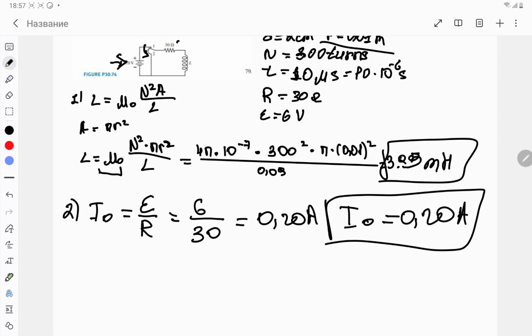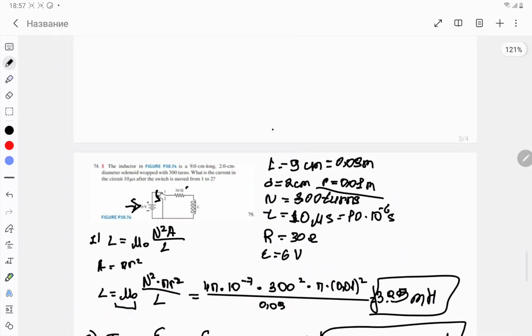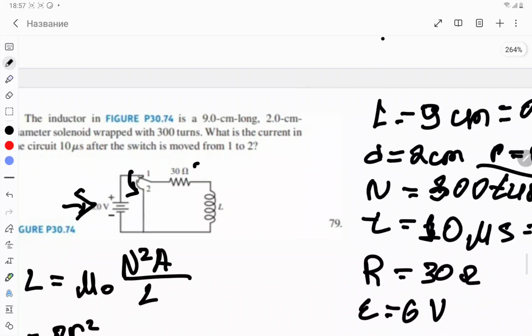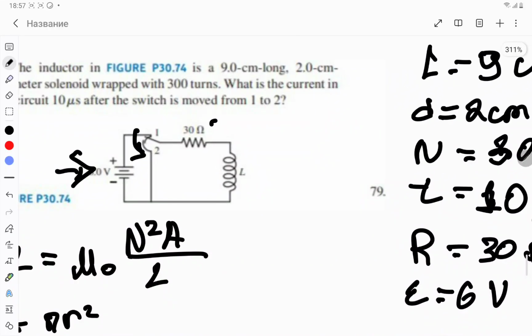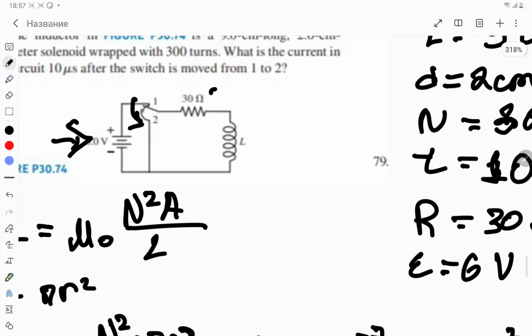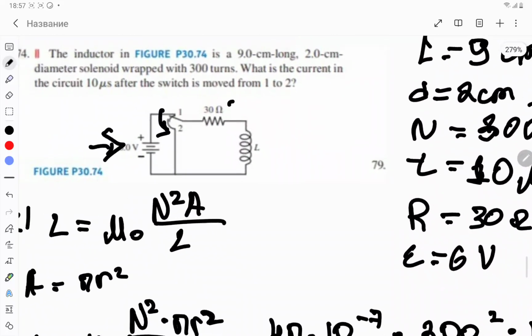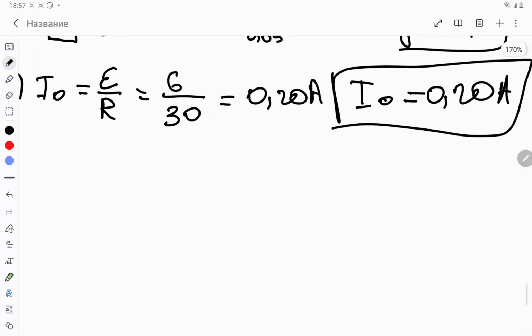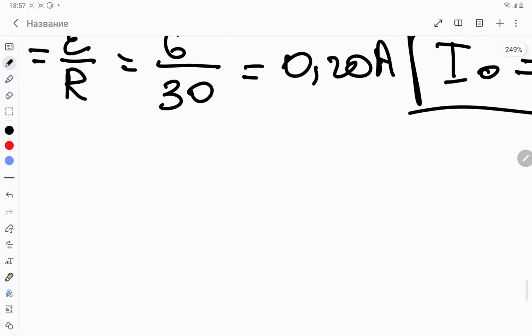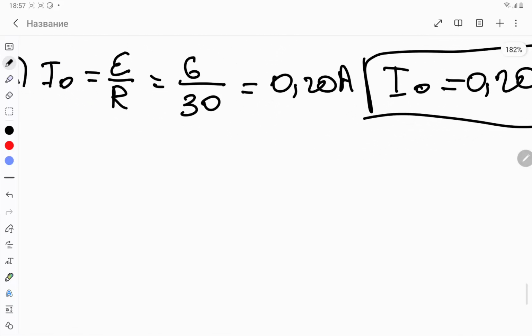So next step is: what happens when the switch changes its position? When the switch is flipped to position 2, first the battery is disconnected. Second, the inductor and resistor form a closed loop, and then the current starts to decrease over time. Okay, this is the model. Let's write the formula. Next formula.